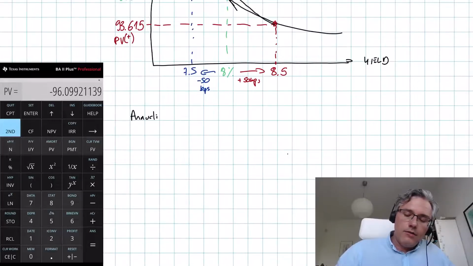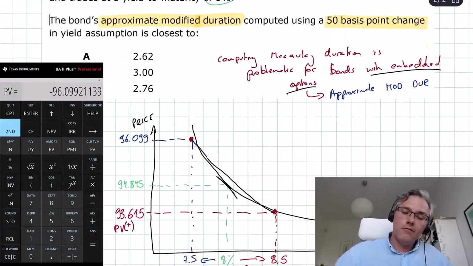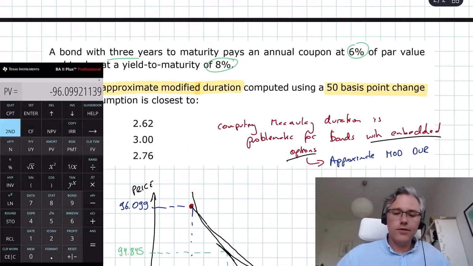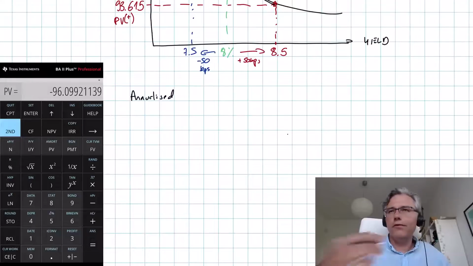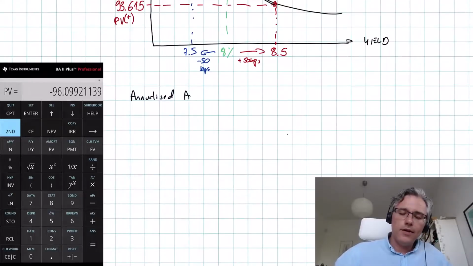Our annualized approximate modified duration. In reality you'll often be asked about annualized approximate modified duration.